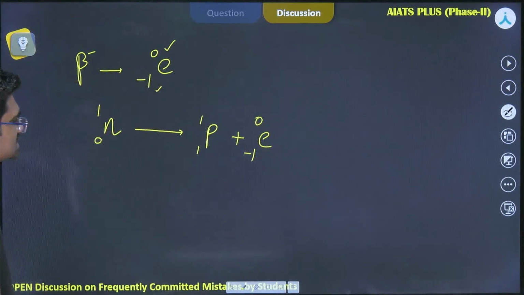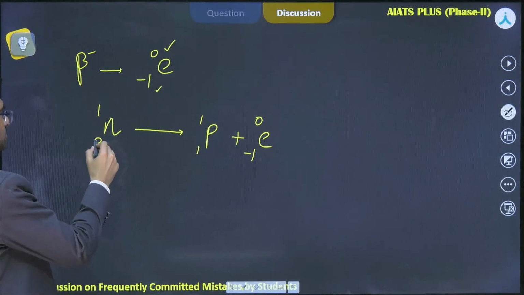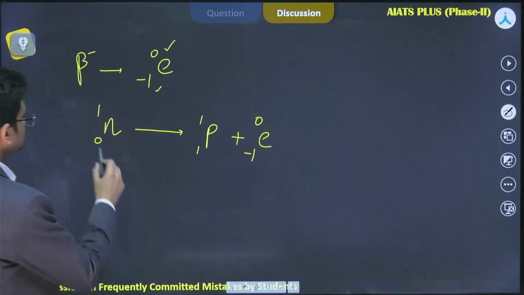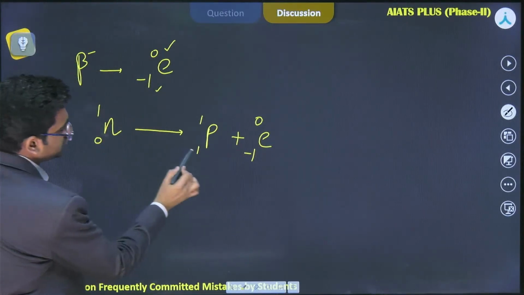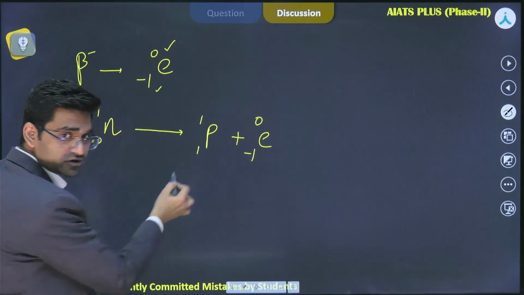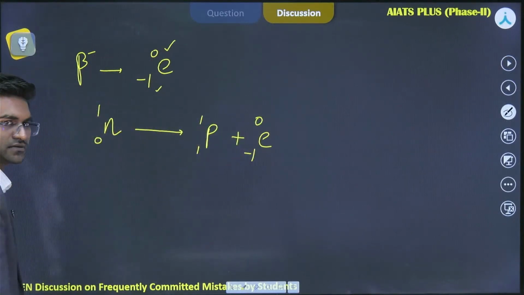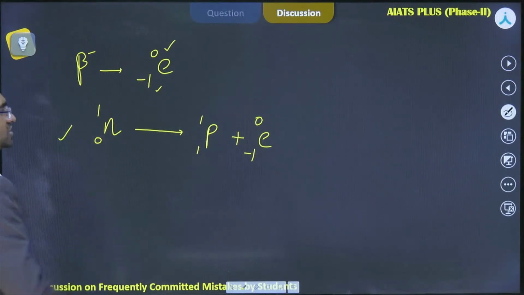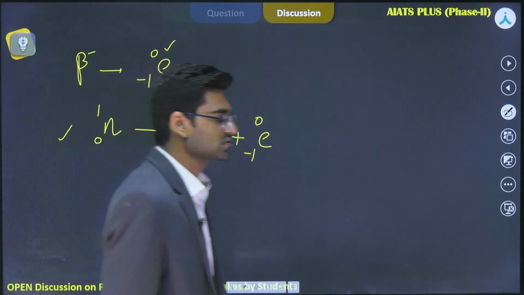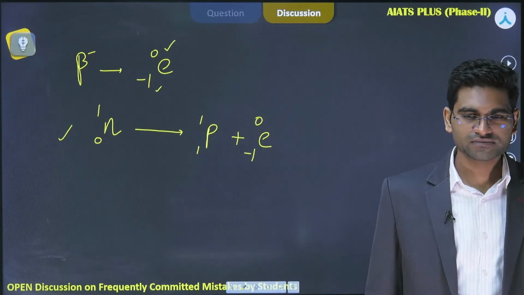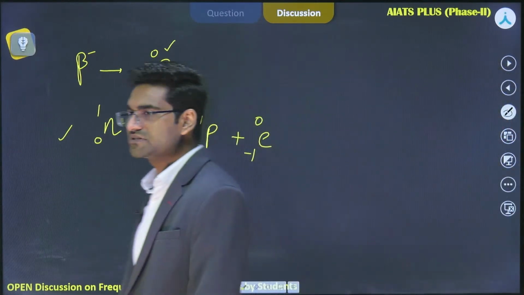As you can see, the subscripts and the superscripts should remain the same. So 0 on this side, and 1 minus 1 becomes 0 again. The mass number 1 on this side, and 1 plus 0 is 1 again. So this is beta minus emission. Any doubt so far? Now, can you tell me what happens in beta plus emission?